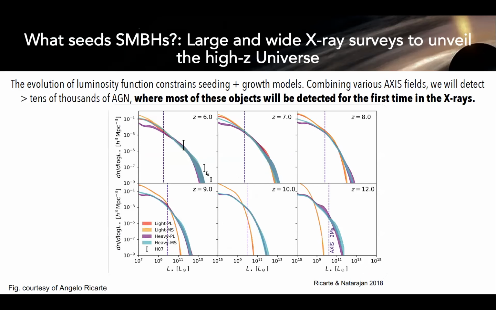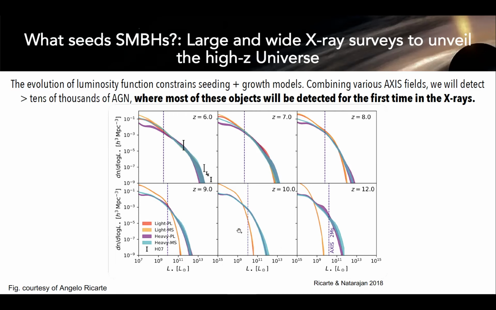And in general, the evolution of luminosity functions can really help constrain seeding and growth models. So these are showing results from semi-analytical models that tracked the growth of supermassive black holes, prescribing various accretion modes and assuming different seeding scenarios. And what you can see is that the heavy seeding scenarios in general predict more luminous AGN, and the light seeding scenarios predict less luminous AGN.